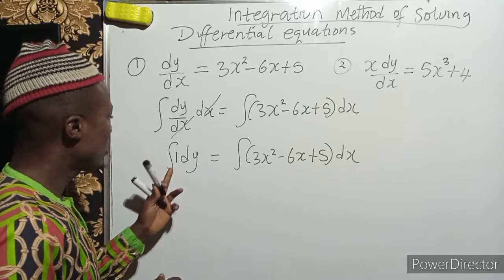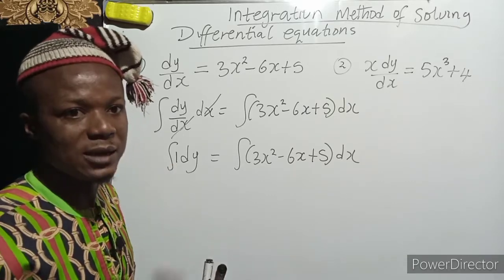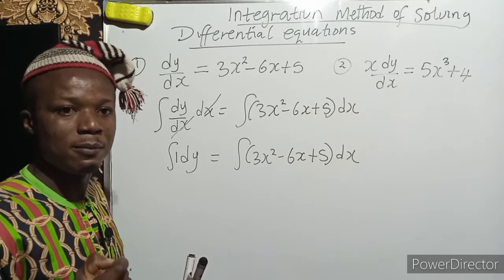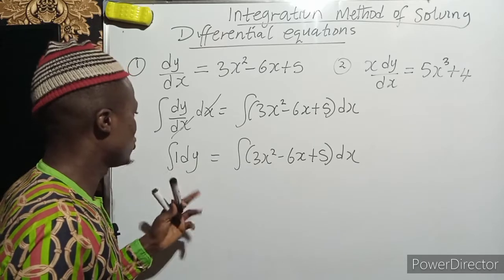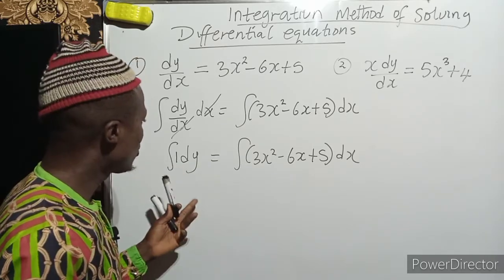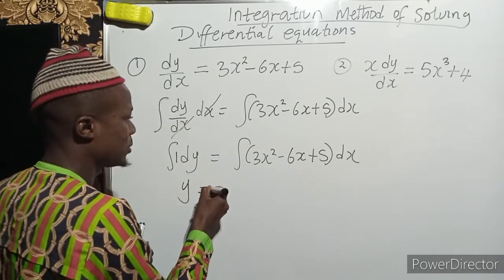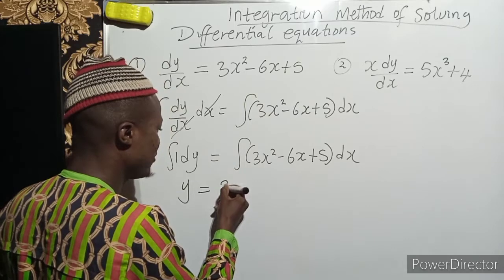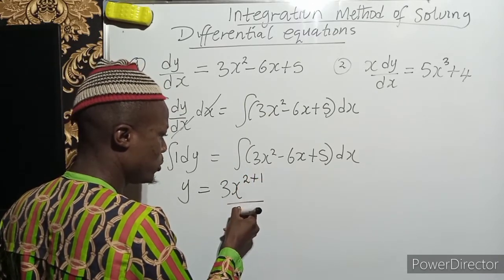Whenever you integrate a constant like 1 with respect to a particular letter, it gives you that letter. If you read up the basics of integration, you understand what I'm talking about. So since I'm integrating 1 with respect to y, it will just give me y equals, to integrate this, I have 3x power of 2 plus 1 over 2 plus 1.